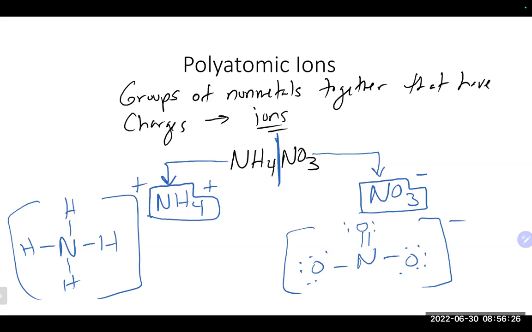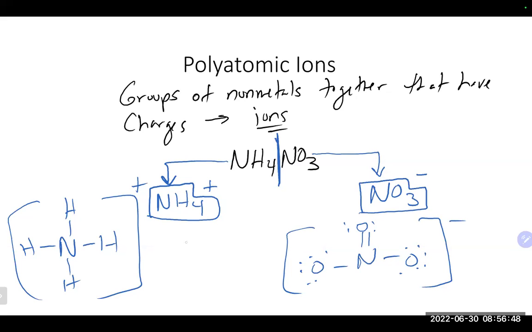And that is why, in this particular case, we do get the overall formula of NH4NO3 because, frankly, we're taking something with a +1 charge, and we're taking something with a -1 charge. So just like an ionic compound, we put it together to equal 0, and we just need one of each of those guys.